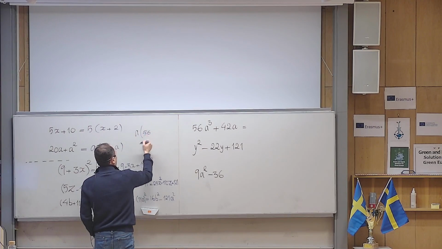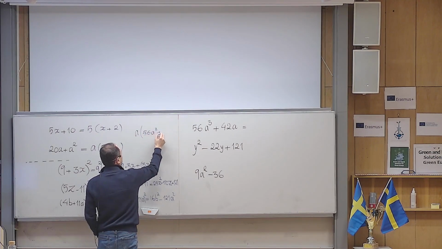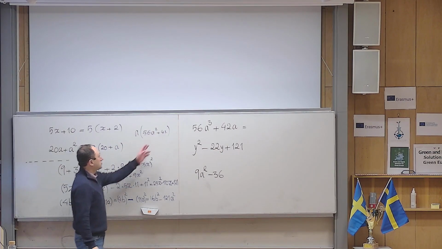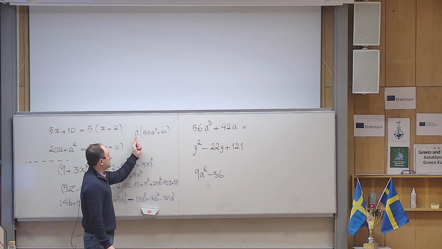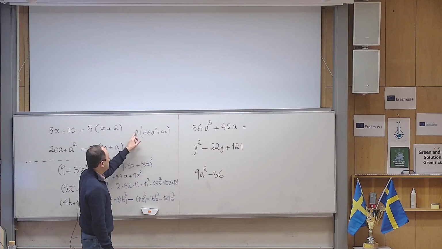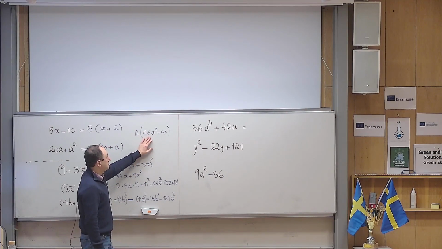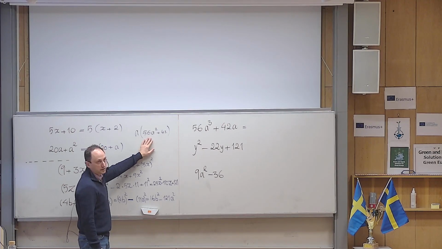So you will write a times 56a squared plus 42, okay? Why is this true? Is it a factorization? Yes, because if I ask you what this is, you would say this is the product between these two expressions. So it is in a product form. So far, so good. Is it correct? Yes, because if I multiply this back, I will get that answer.